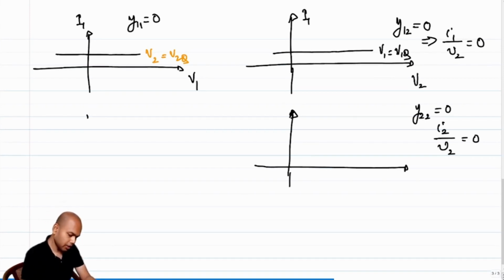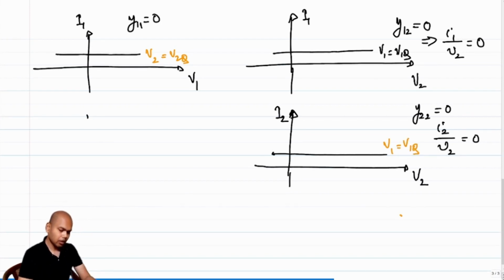I should be plotting I2 versus v2, and again, what should it signify? Same old, like the other two. It should also be constant, right? And this is for a certain V1 equal to V1Q. Correct? Okay.